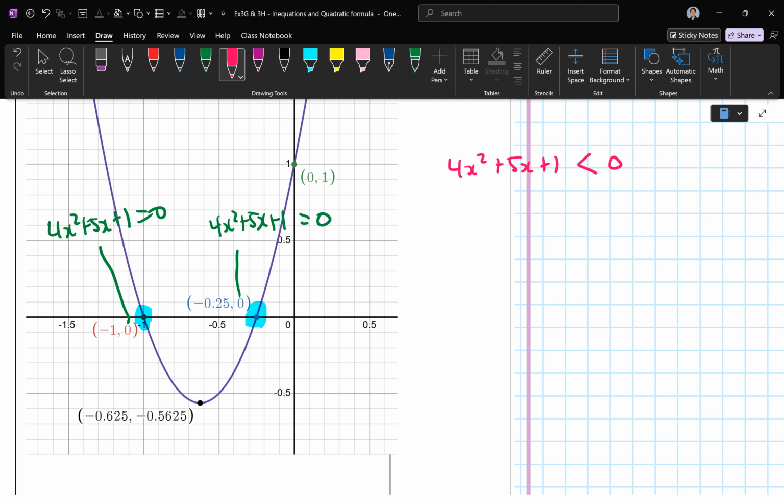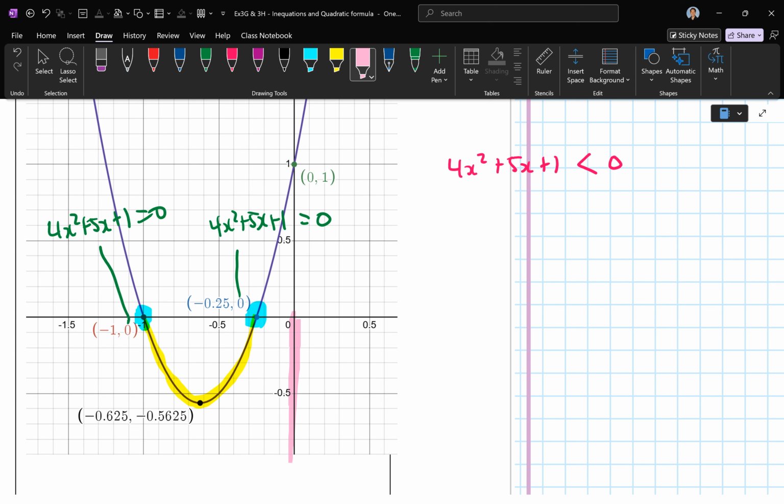Because remember, the reason why you can see the graph is because it's made of infinitely many points together with this pattern. So out of all those coordinates, there has to be a set of coordinates that have y values that are smaller than 0. On the graph, you can see it. And what I can see is right here, this represents less than 0. That's when y values are less than 0.